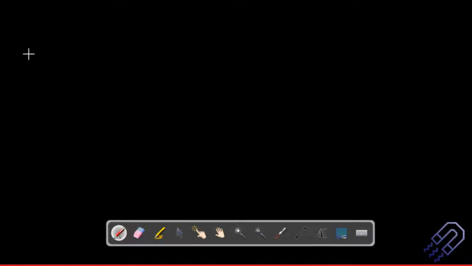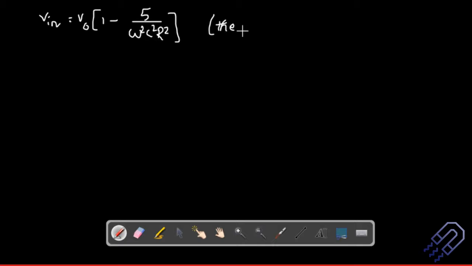So that means the imaginary part is 0, and we are left with the real part. The real part is nothing but V naught into 1 minus, we'll just leave the imaginary part, 5 divided by omega square C square R square.